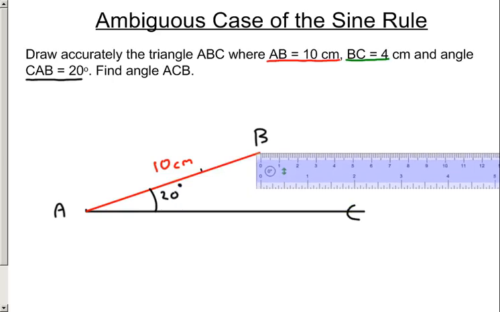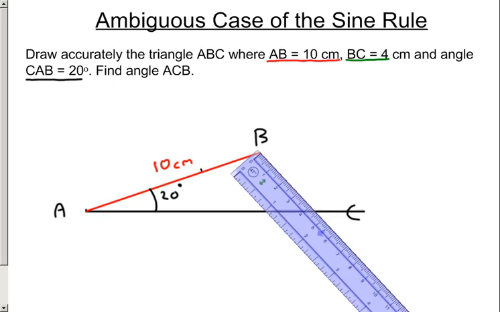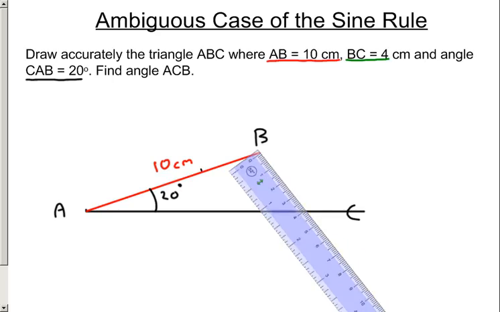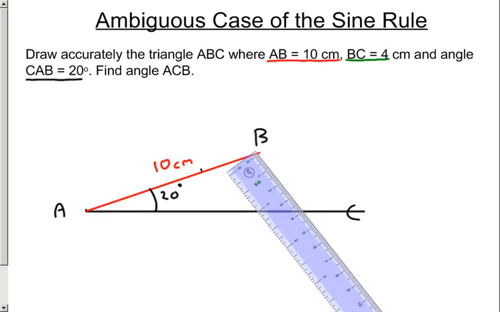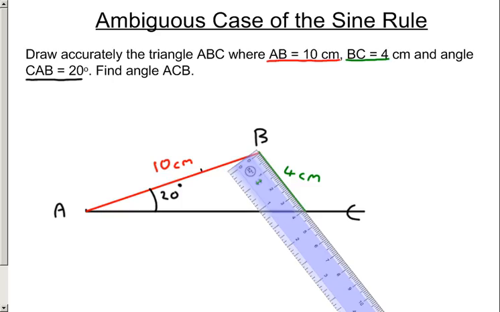So if we put it in here, we're going to find a point where it's 4. Well, there we go. From B, let's make it a bit easier to draw, it lines up perfectly there, down to there. That length there is 4 centimeters, which means that C is going to be there.